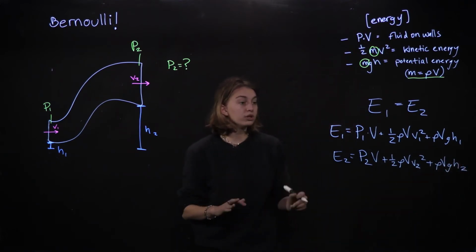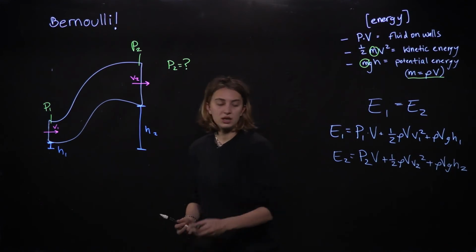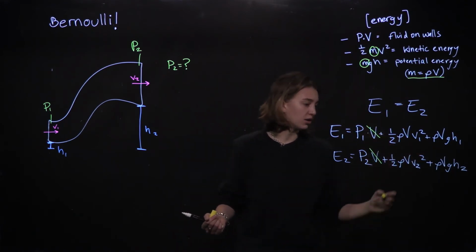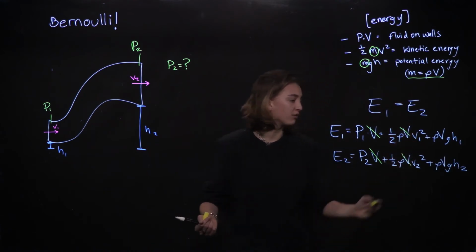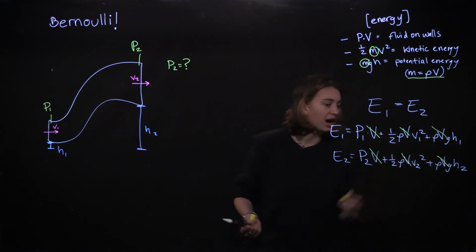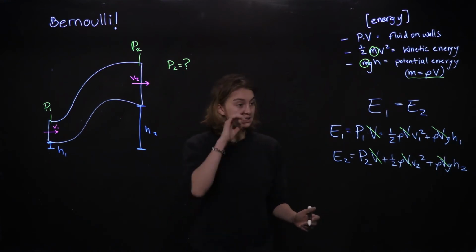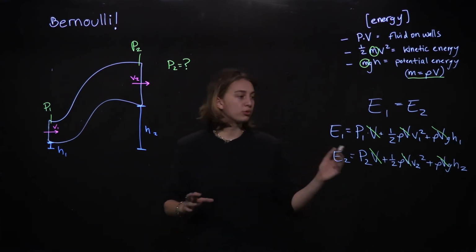So what Bernoulli did was cancel out the volume terms because they're in every single term, so he could divide it out of each of those equations, and that simplifies everything to a pretty nice balance.